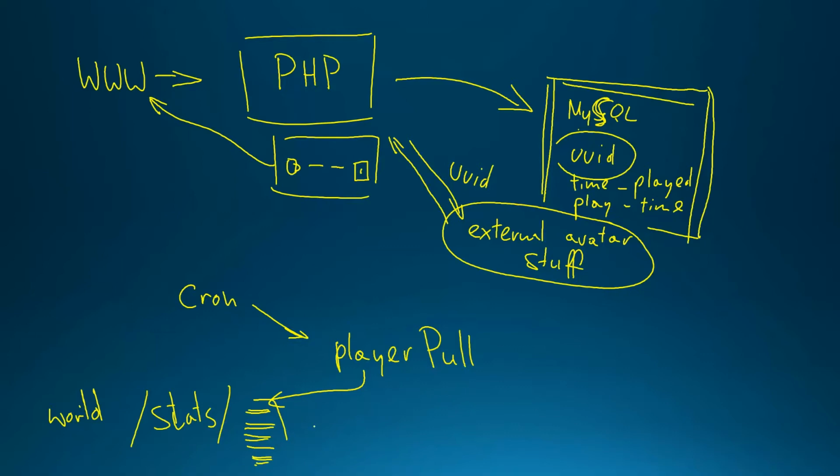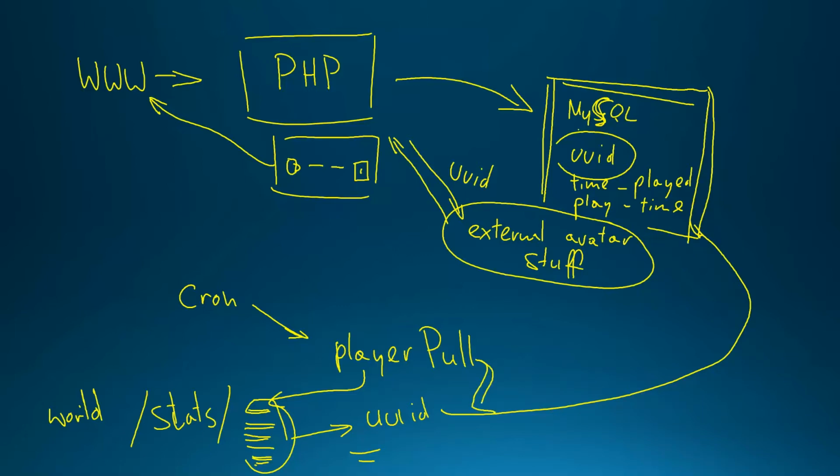And the name of the stats file is actually a unique user ID, which will be super helpful, and it contains plenty of data inside the file. So we'll need to grab the name of the file and the contents of the file. Alright, so the Python script, yes, player pool, whatever, pulls it and puts it in the database.